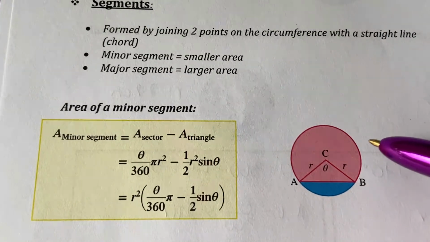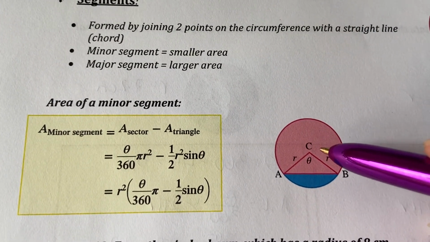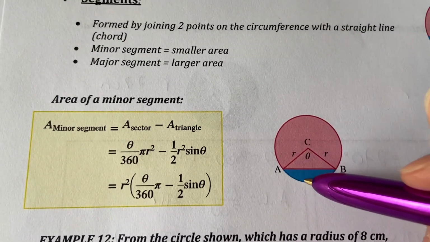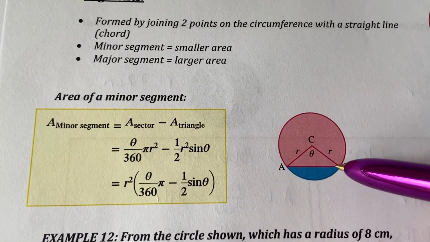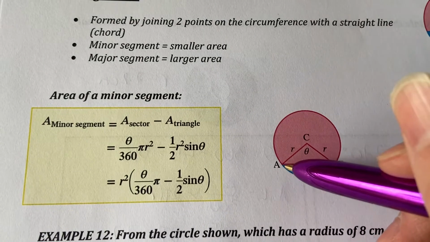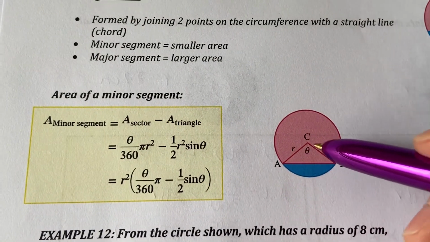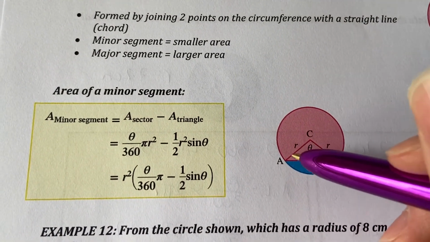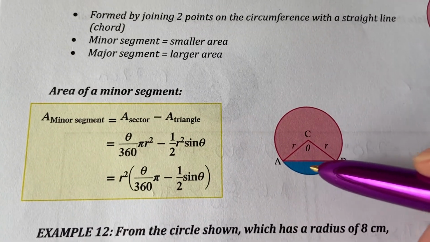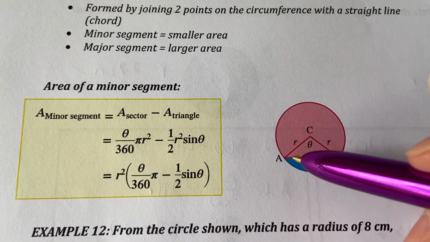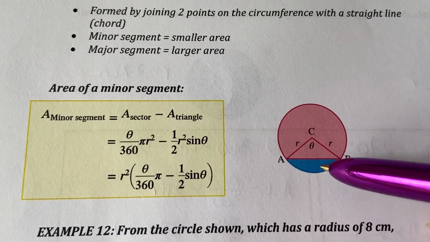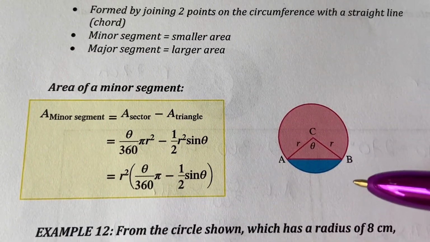But the reason why it's the area of a sector minus the area of a triangle: if you imagine this whole slice of cake highlighted, that would be the sector. And then this red part here is the triangle. And then the blue part is the segment. Okay, so if you did the whole slice, take away the triangle, you'd be left with just the blue bit, which is the bit that we want.